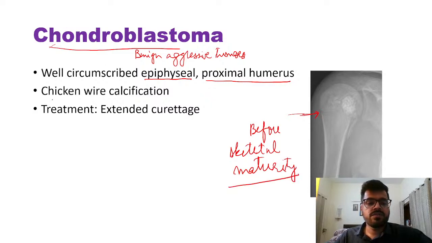It is a well circumscribed epiphyseal lesion, and there are chicken wire calcifications. Treatment is extended curettage, that is curettage plus some adjuvant.